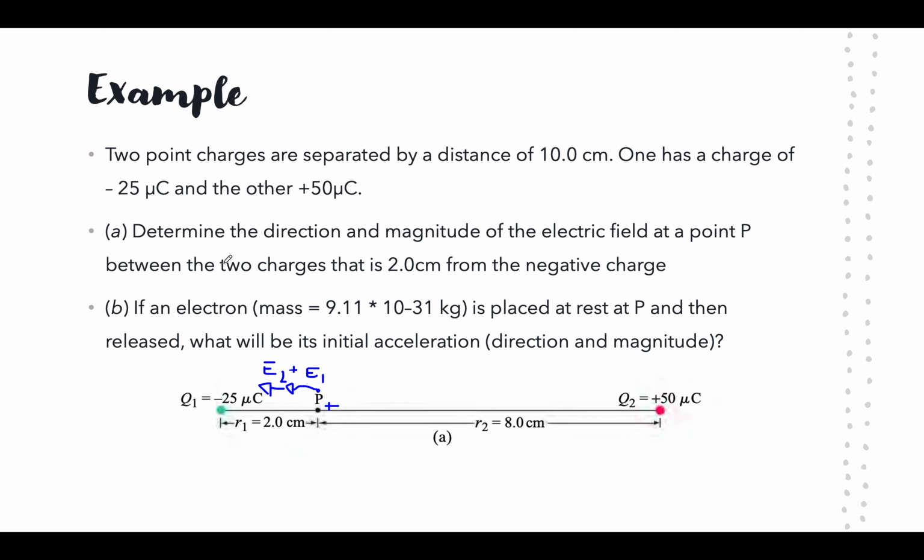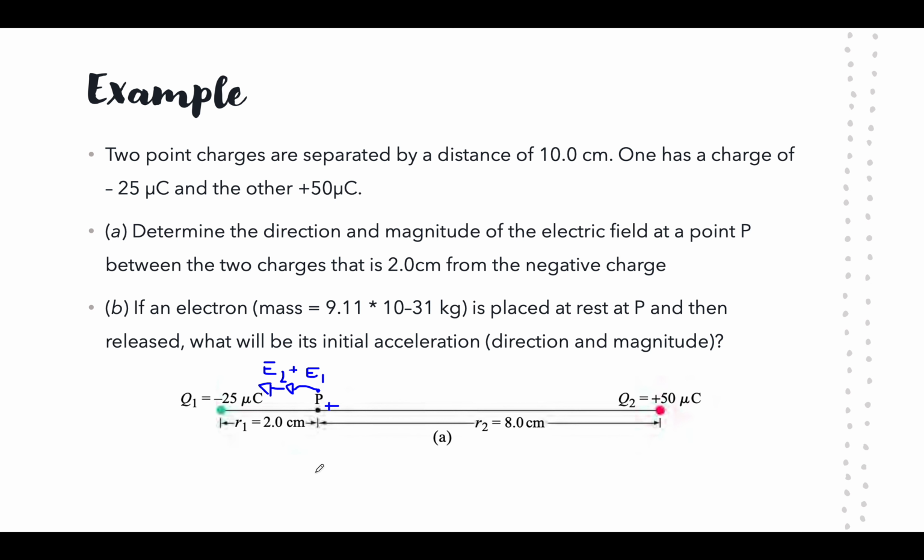All right, now let's look at question B. If an electron is placed there, then what will be its acceleration, direction, and magnitude? Well, let's see.